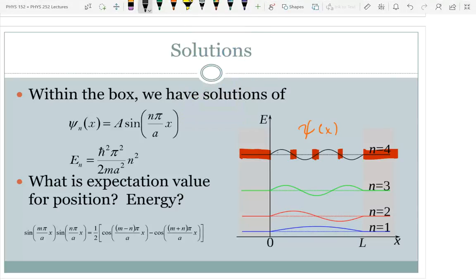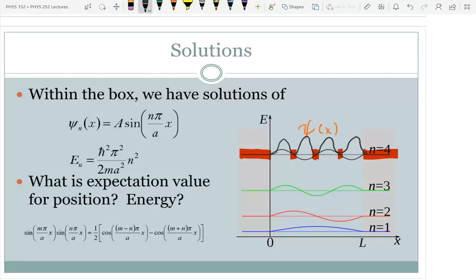If you square this, psi mod squared is going to look like this, which is why it wasn't at the troughs, because the negatives, the troughs, are peaks when you square it. And so we have 3 locations where it can't be found, and then we have 4 locations where it's most likely to be found, equally most likely.